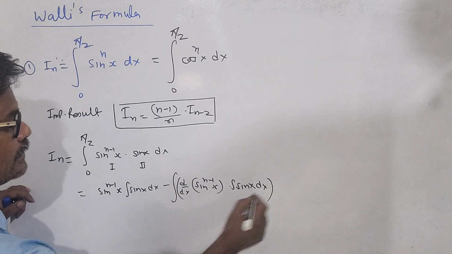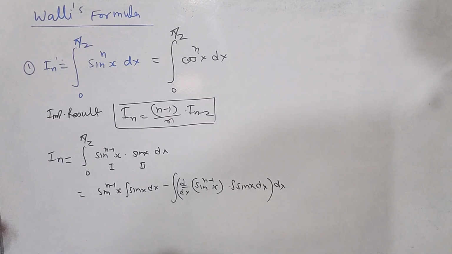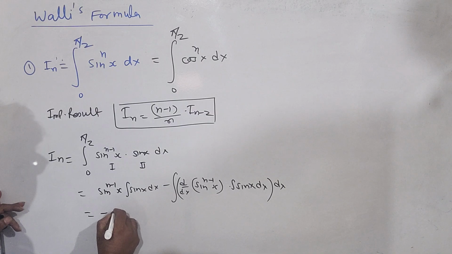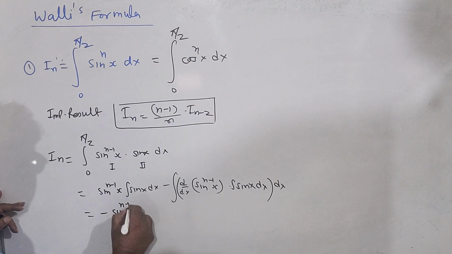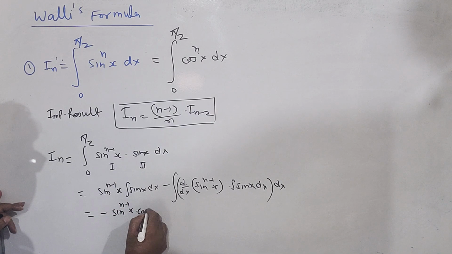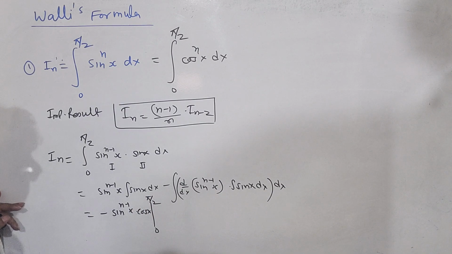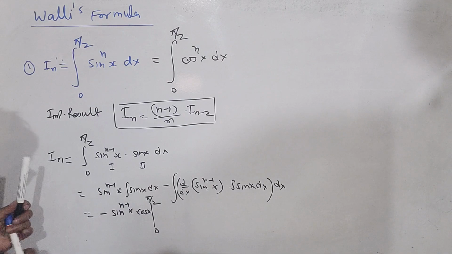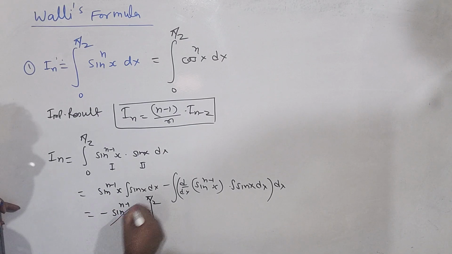Correct? This is by parts. So here the integration of sin x is minus cos x, so therefore minus sin to the power n minus 1 of x into cos x, and when we put the limit 0 to pi by 2, at pi by 2 cos x is 0 and at 0 sin x is 0. So therefore this whole term is converted into 0.